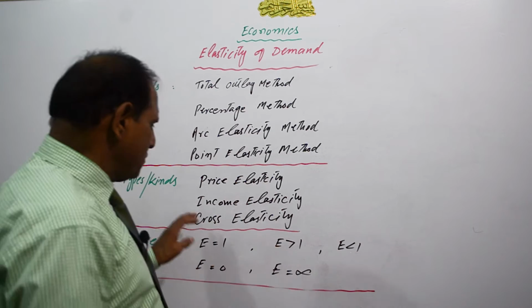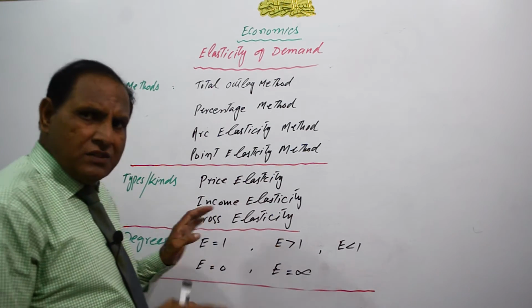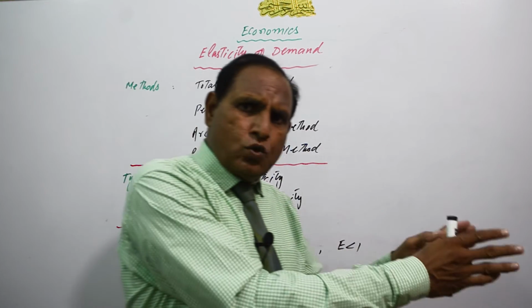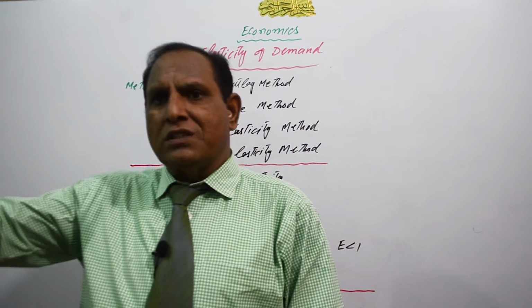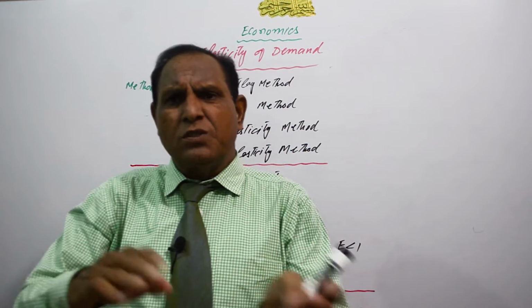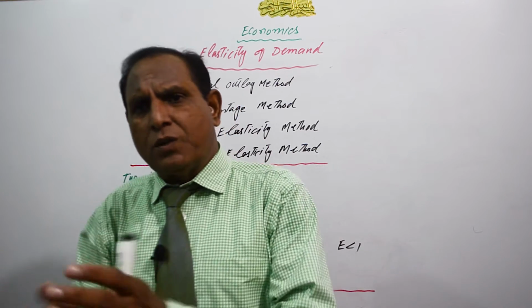This is known as cross elasticity of demand. The price changes for this commodity, but the change is seen in other commodities, substitutes, complementary goods, and so on.